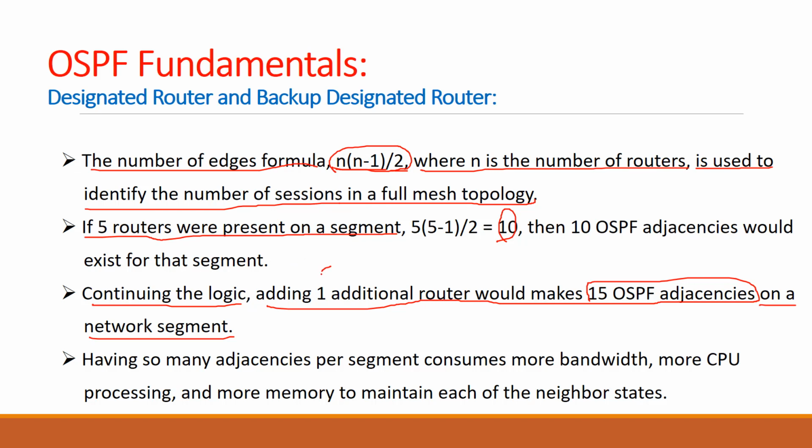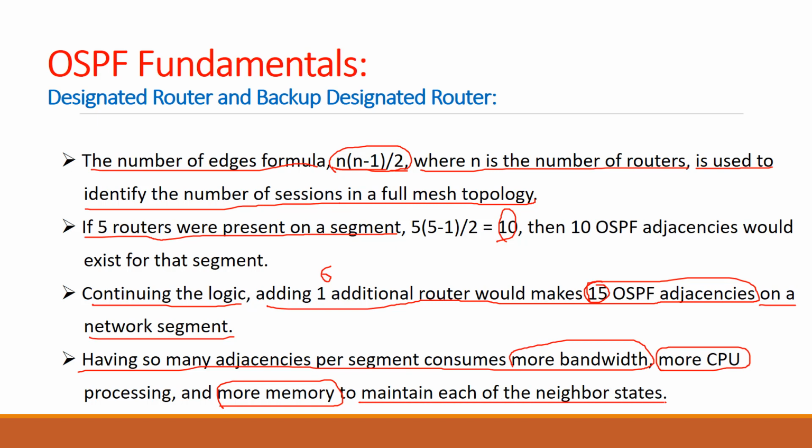So if we have 6 routers, we will have 15 OSPF adjacencies on the network segment. Having so many adjacencies per segment consumes more bandwidth, more CPU cycles, and more memory to maintain each of the neighbor states.